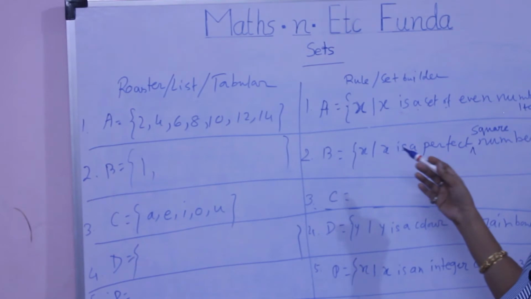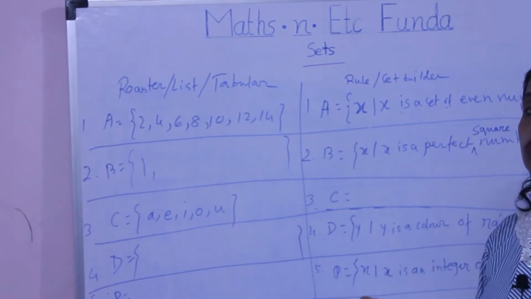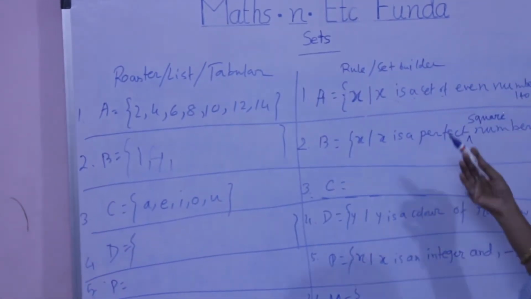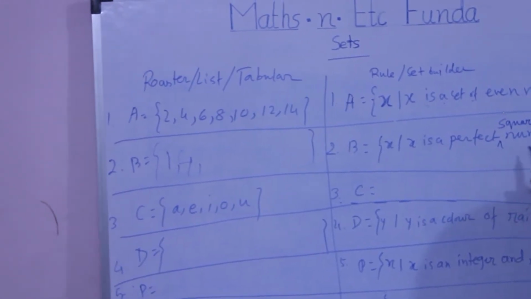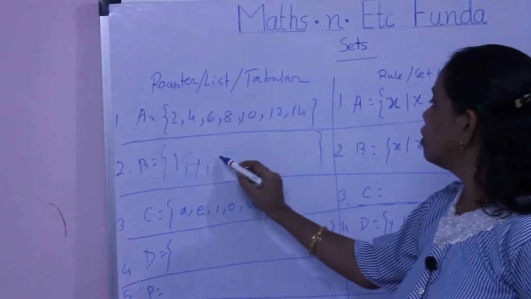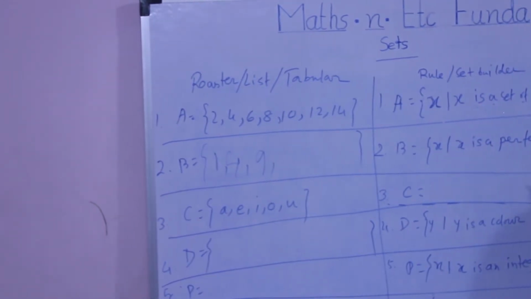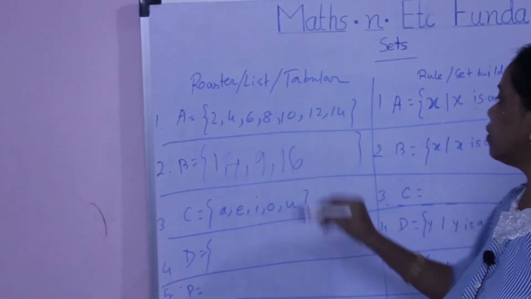Next, the second number will be 2 square. So what is 2 square? That will be 4. Next, 3 square will be 9. Next, perfect square is 4 square, that is 16.